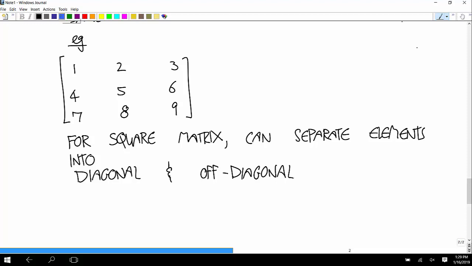The diagonal elements are the ones where the row number equals the column number.